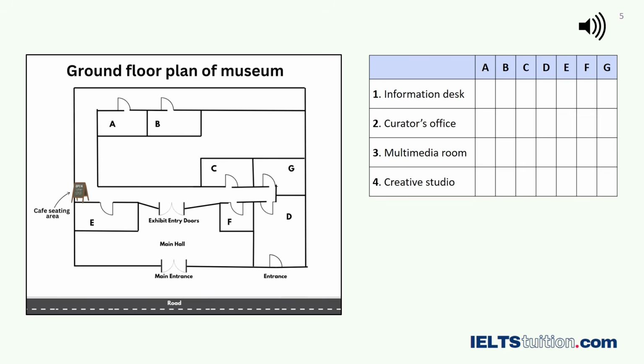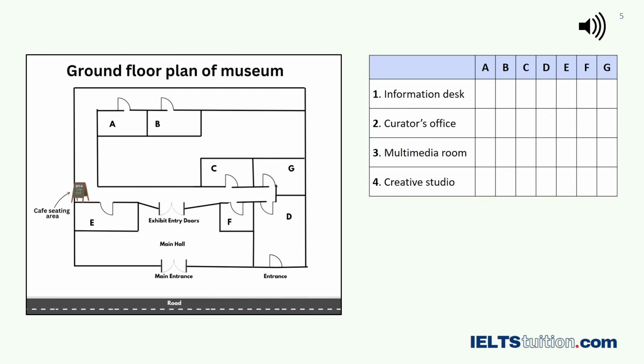To find the curator's office, you'll need to go straight through the exhibit entry doors, turn right, and continue down the corridor. It's the room at the far end, with the door on the left. The multimedia room, where we host interactive presentations, is located at the back of the building. After passing through the exhibit entry doors, take a left, walk past the cafe seating area and turn right at the end of the hall.